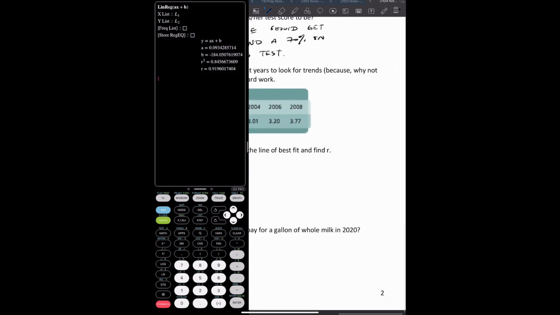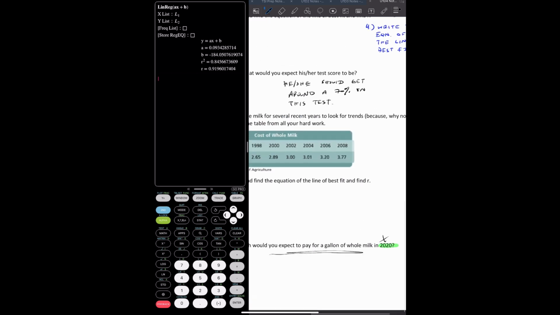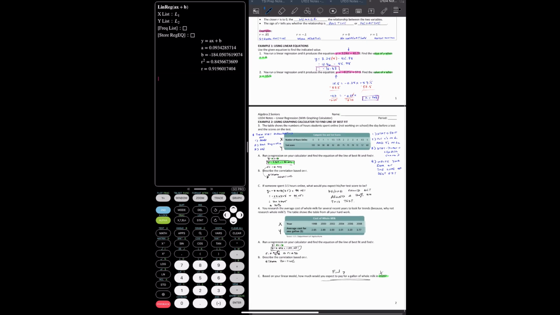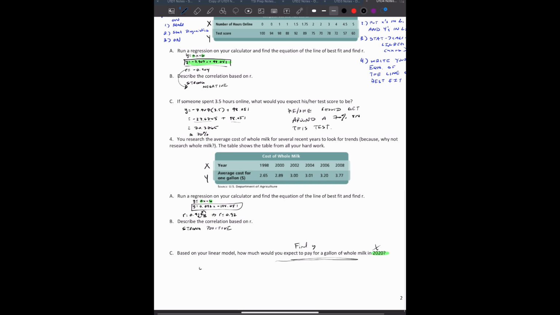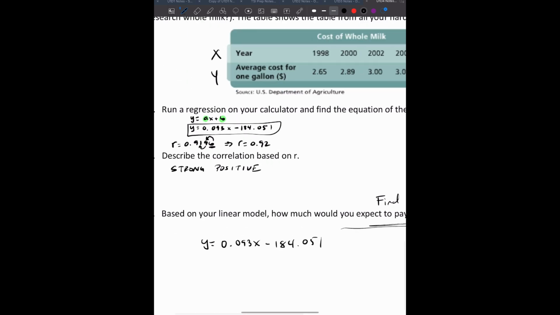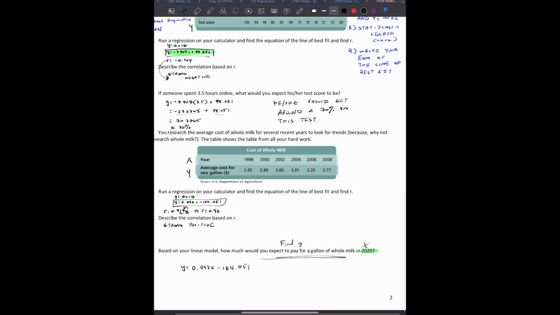So we have the x value, and we're trying to find the y in this case. So I have y equals 0.093x minus 184.051, and I'm going to replace this x with 2020.